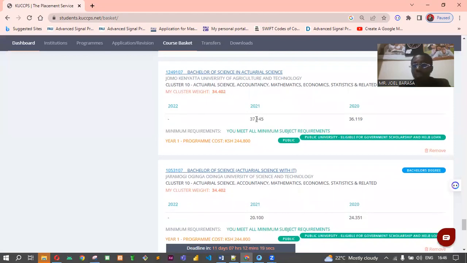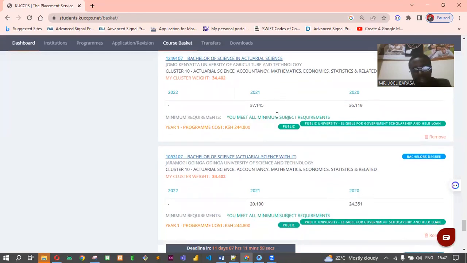It was overrated before, but now people are facing a lot of problems because after completing just the Bachelor of Science in Actuarial Science, it's hard for you to be absorbed. Unless you are good in statistics, you've done that professional paper, then you can easily be absorbed somewhere else. You can also be a data scientist, right?